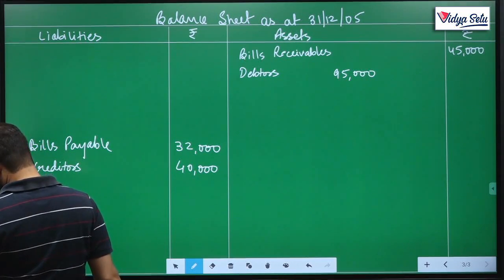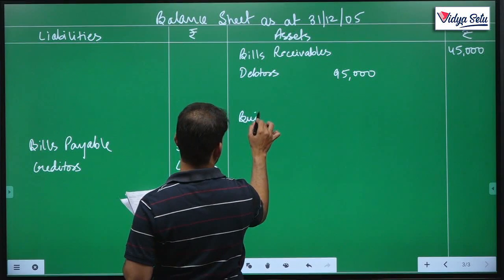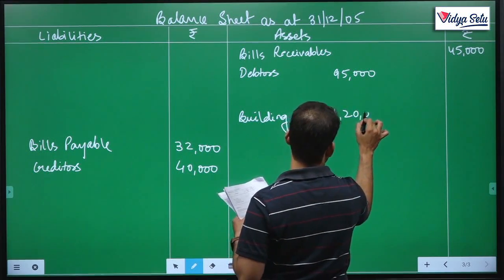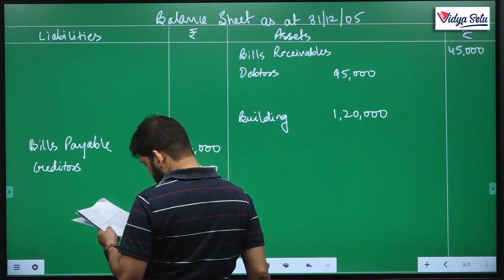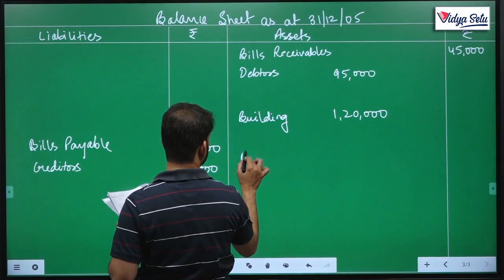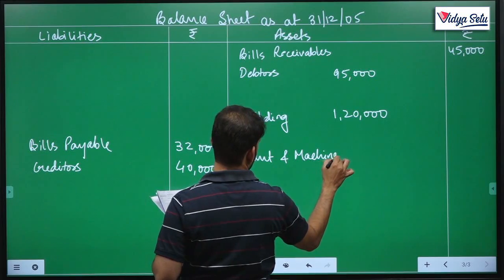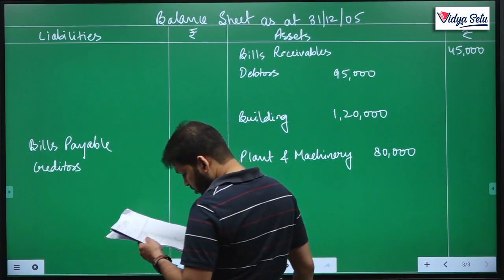Creditors are 40,000. Then we have building 1,20,000. Plant and machinery 80,000.